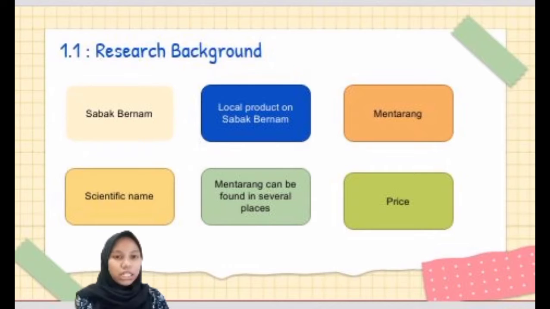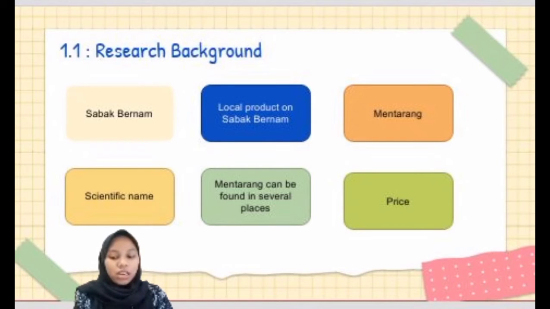Sabak Bernam is a district constituency in northwestern Selangor. The towns in Sabak Bernam are Sungai Besar, Kuala Selangor and Kuala Samar.